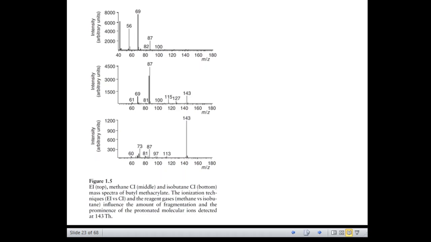There is a very low signal. In contrast to that, its chemical ionization spectra exhibit a protonated molecular ion at m/z 143 and very few fragmentations are observed.